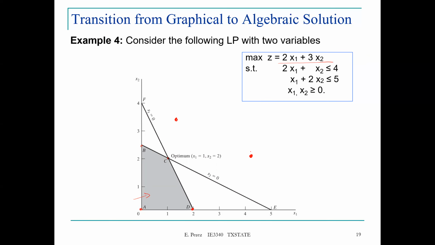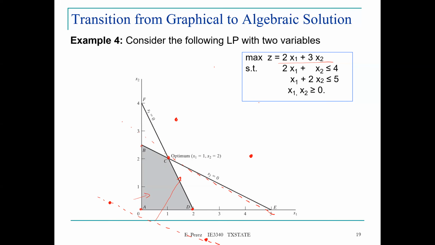Let's say that our isoprofit line can be drawn using these two points. Then we use that isoprofit line, moving the line parallel to it until we touch the last point in the feasible region, and then we can identify the optimal solution for the problem.